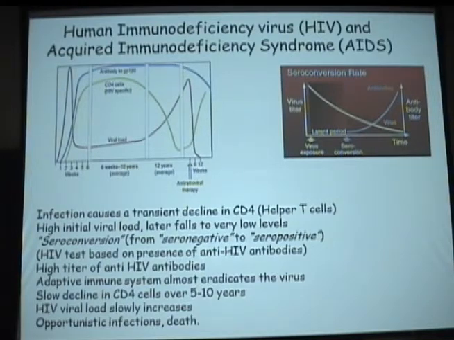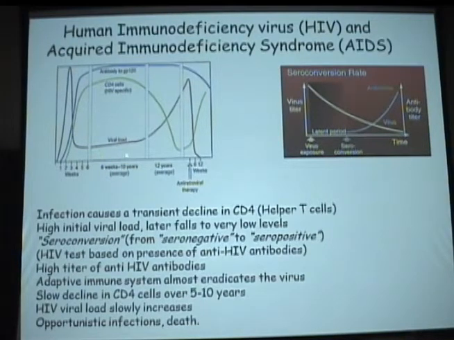So the body, the infected person, is doing a great job of making antibodies against it. It's also making these T helper cells that we heard about before. It's making a lot of those that are specific to HIV. So the immune system is working beautifully. And it's almost wiping out the virus. The virus falls way down to almost undetectable levels.